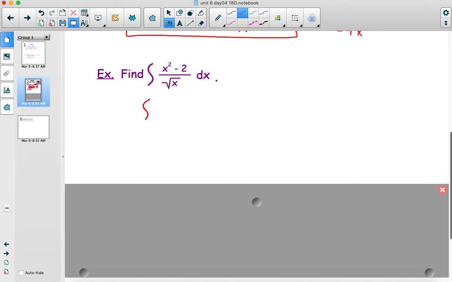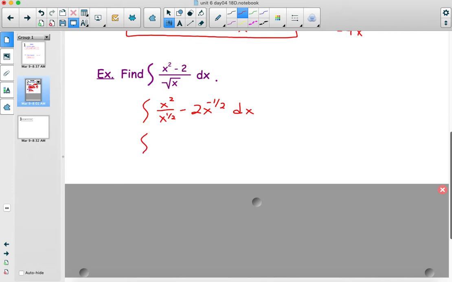So what if we took this and broke it into two fractions? And we had x squared over the square root of x, or x squared over x to the 1/2, minus 2 over x to the 1/2, or 2x to the negative 1/2 power.